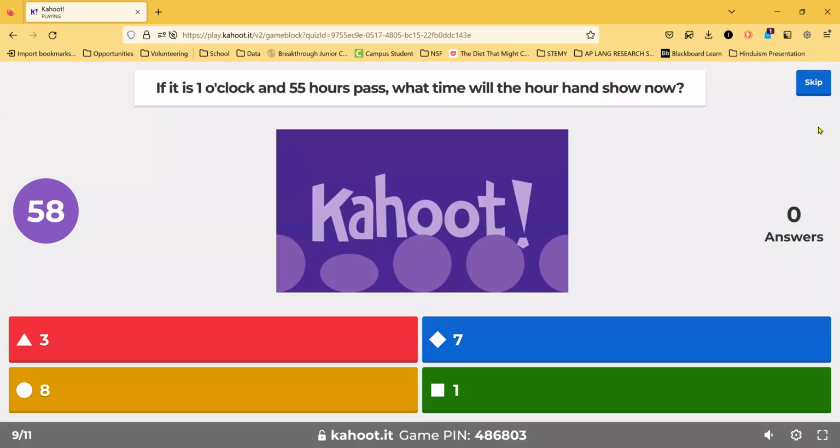If it's 1 o'clock and 55 hours pass, what time will the hour hand show? Remember, it says hours, not minutes.